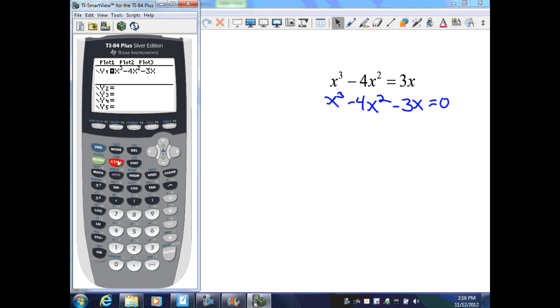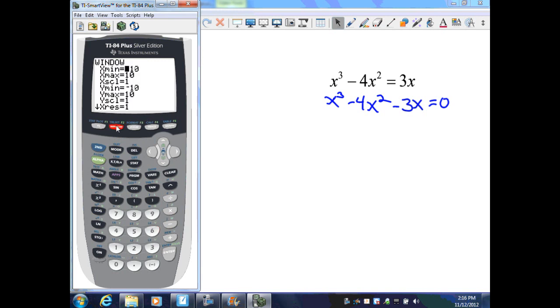I'm going to hit zoom 6 for our standard window. And you can see I can zoom in on my x and y max and min, and also I need to go lower on my y min. Let's go to window.